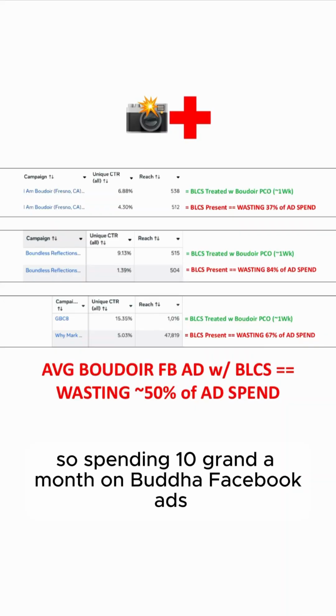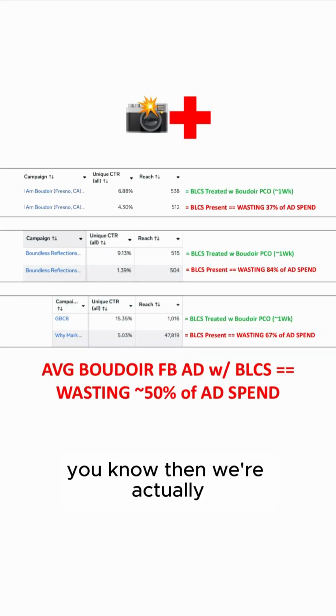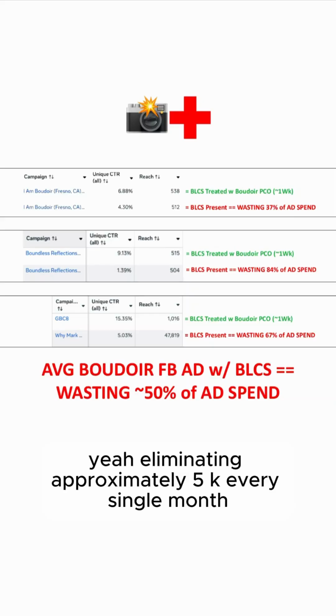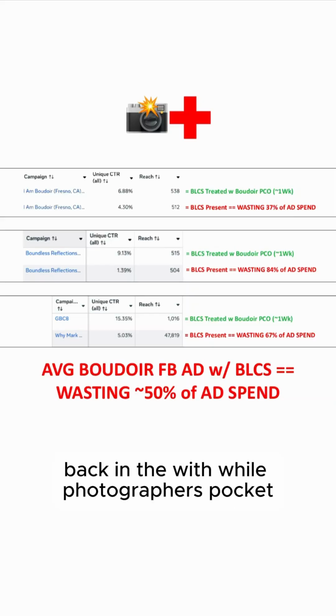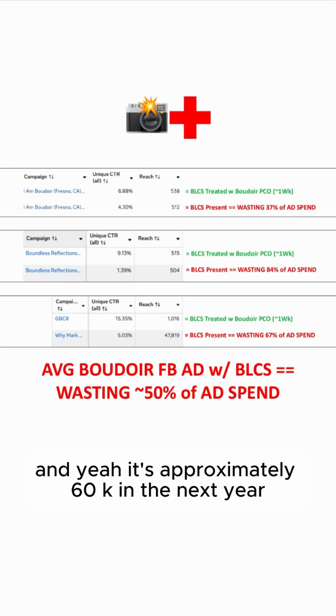So spending 10 grand a month on Boudoir Facebook ads, we're actually eliminating approximately 5K every single month back in the Boudoir photographer's pocket. They keep that; they no longer have to spend it, and it's approximately 60K in the next year.